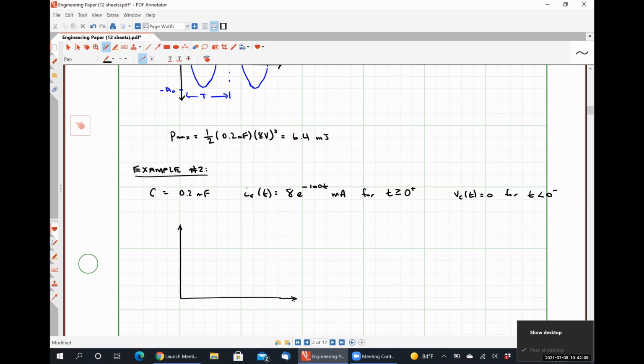So graphically, what our capacitor, let me think about this. Okay. All right, so this right here is really just giving us our initial condition, right?